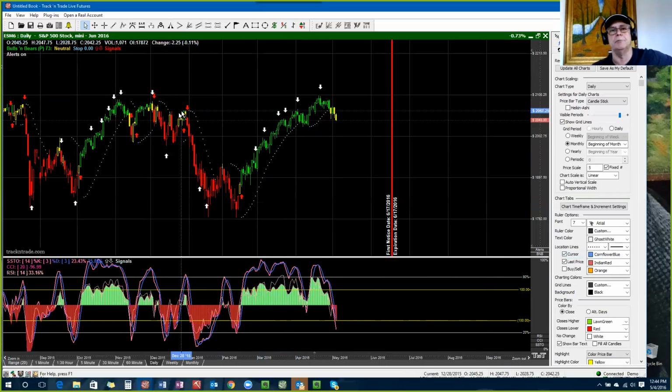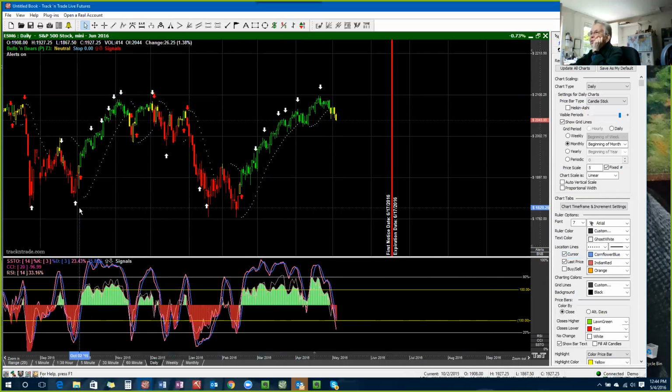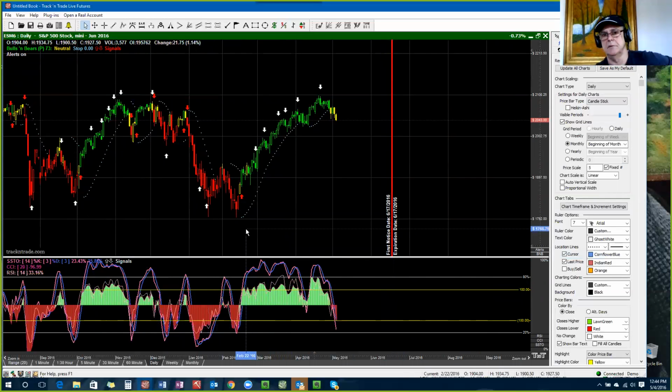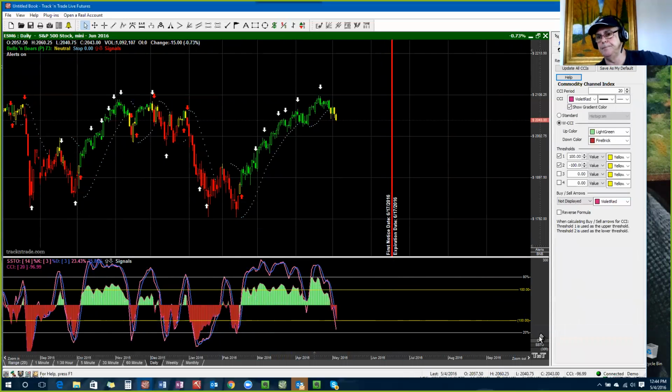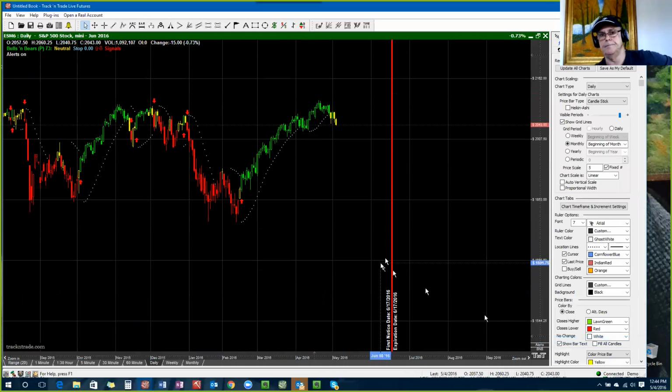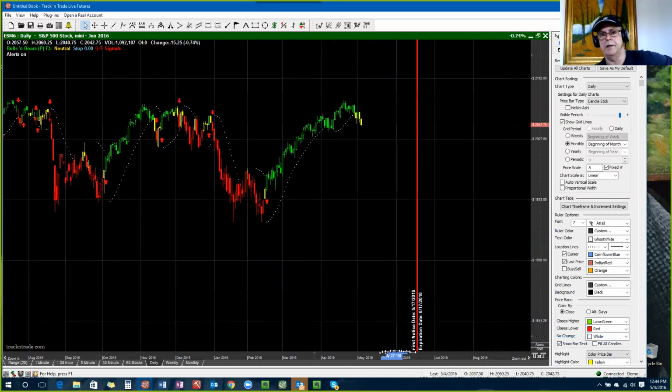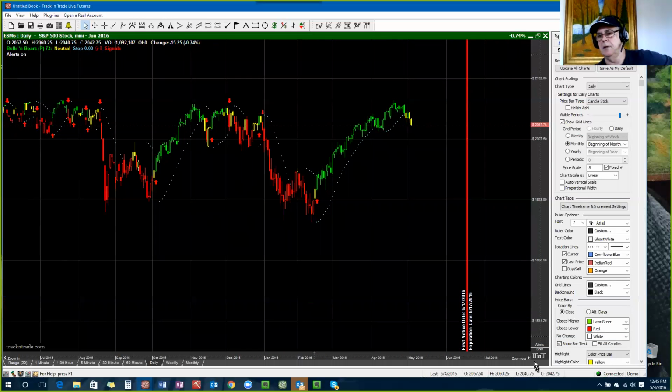What's the white arrows that you're pointing at? Oh, that would be one of these indicators in here. Let me get rid of them. There. Now, all we've got showing are bulls and bears and alerts down here in the bottom right-hand corner. So the only indicator we've got turned on is bulls and bears.